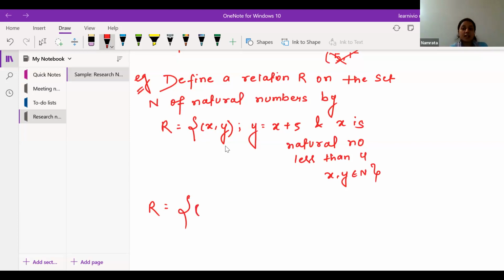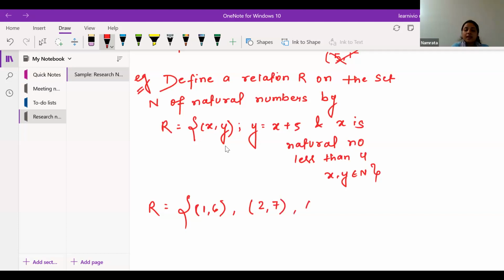What can be taken as x at first? Lina? 1. Exactly. So if x is 1, then y will be 6. Then x can be 2, with 7.